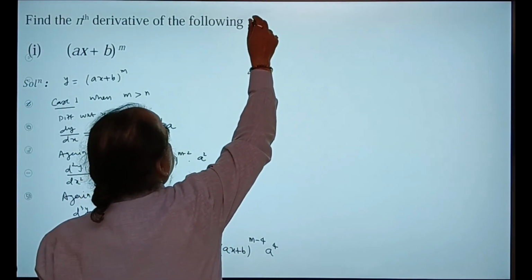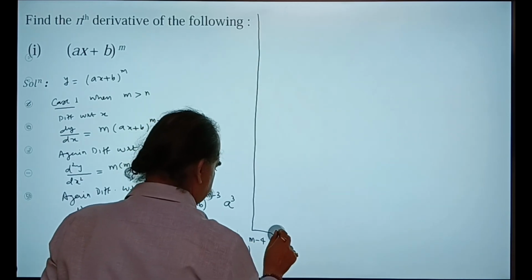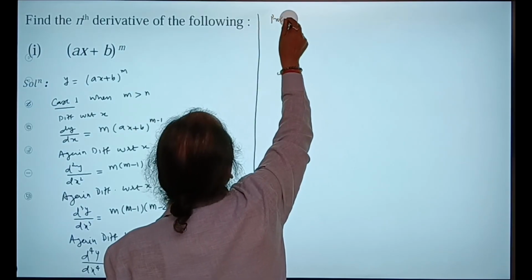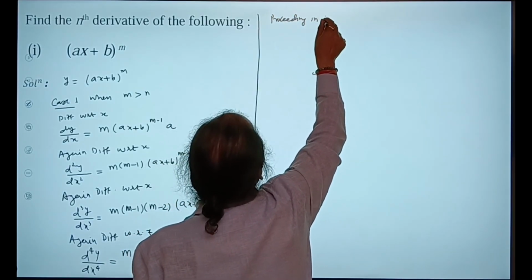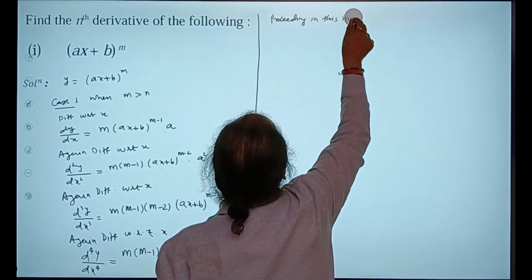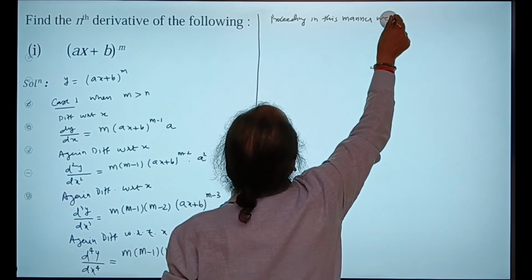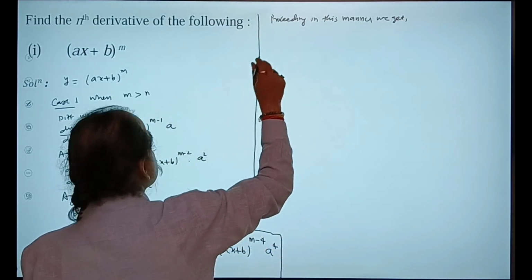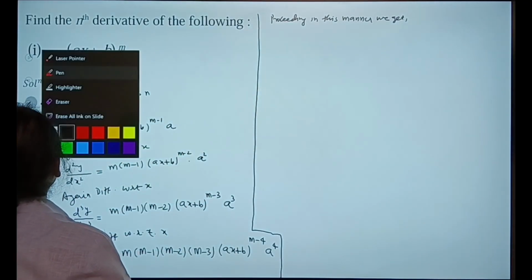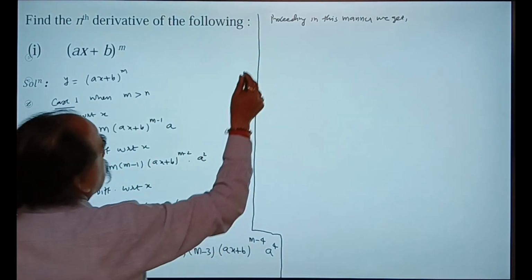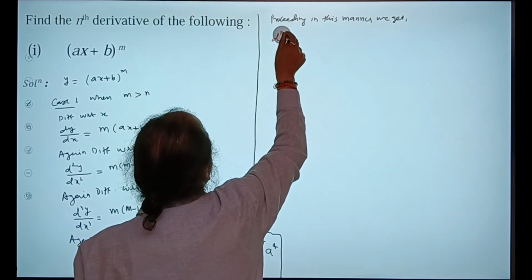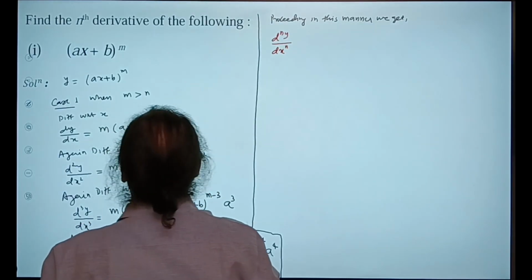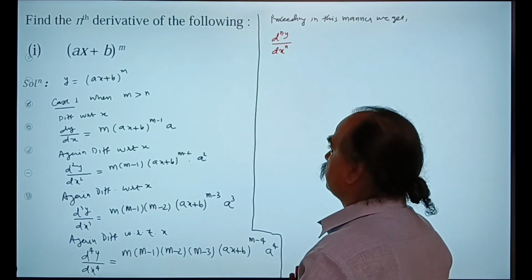Proceeding in this manner, we get the nth order derivative, d raised to n y by dx raised to n. m is larger.